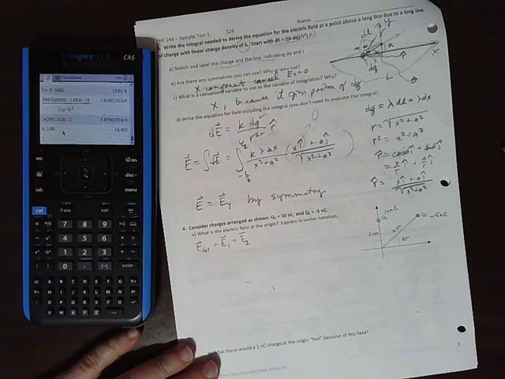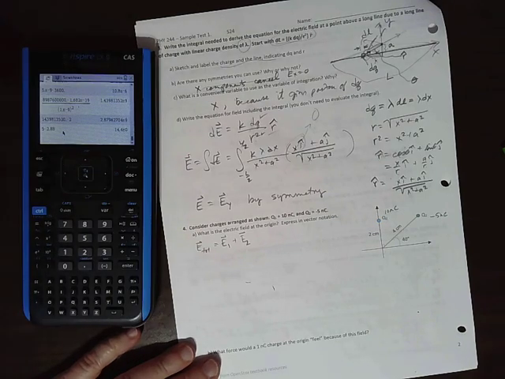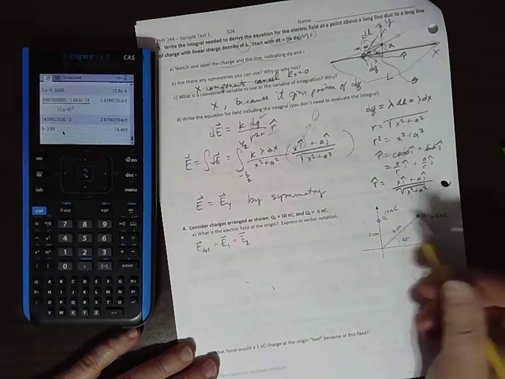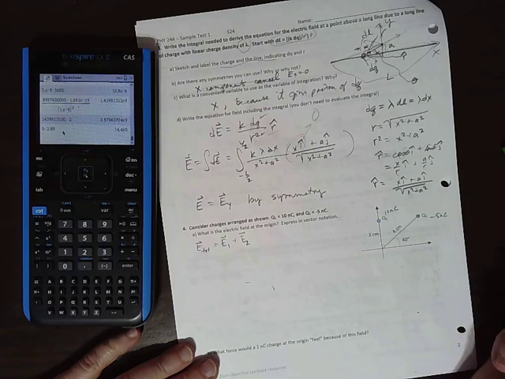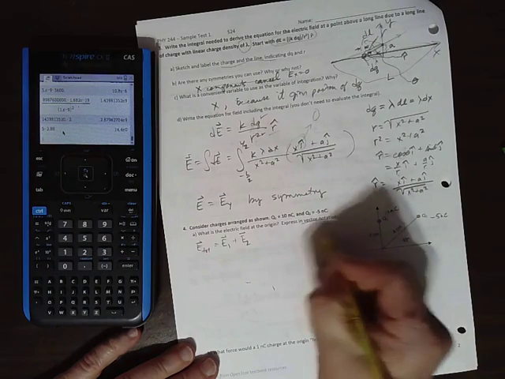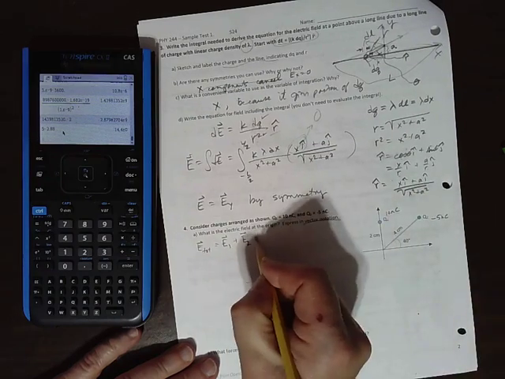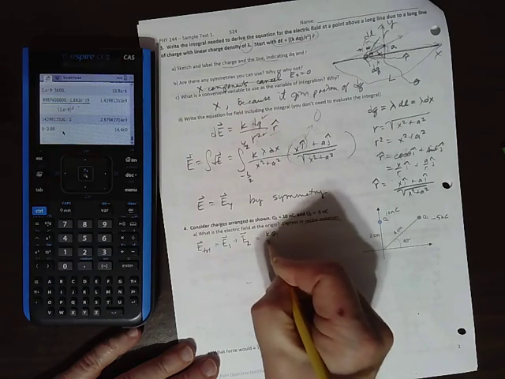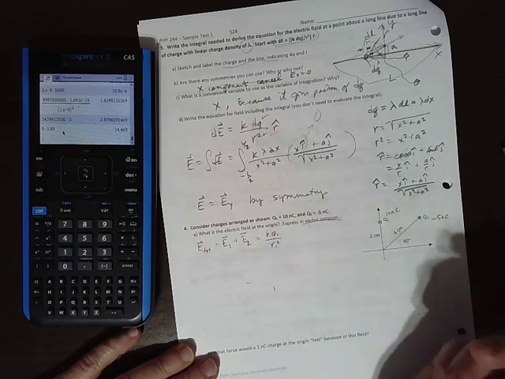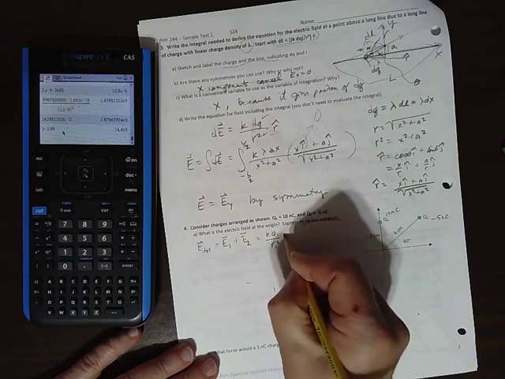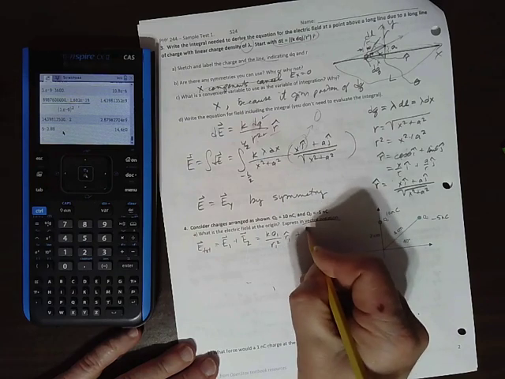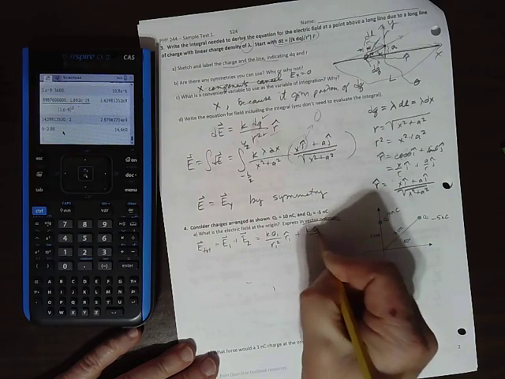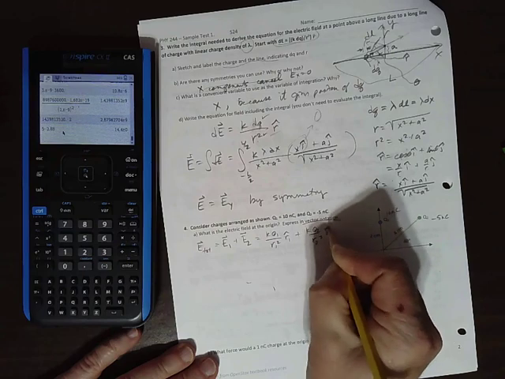That would be a good variation on this. But make sure you know how to do these kinds of problems where you have a couple of different charges and you have to get the field or the force at a certain point or on a certain charge using vectors. All right, so it's going to be KQ1 over R1 squared, R1 hat, plus KQ2 over R2 squared, R2 hat.